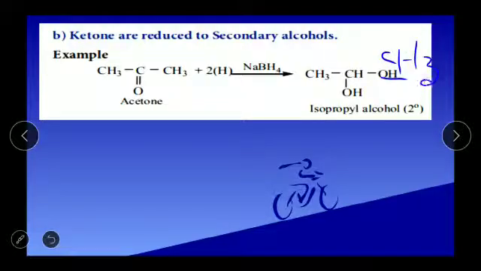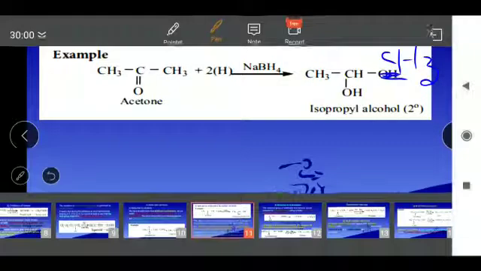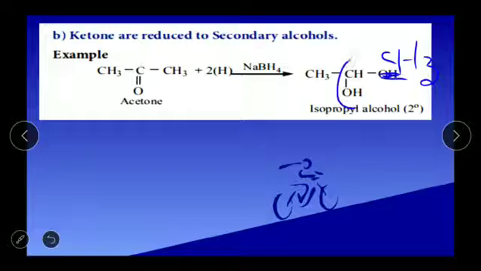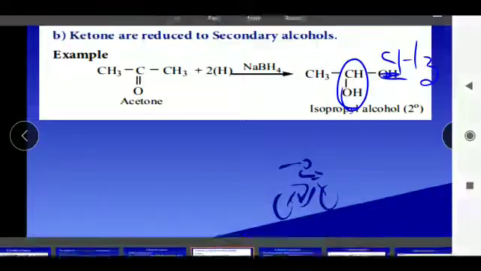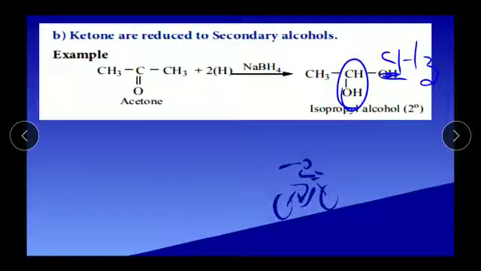The formula is CH3CHOHCH3. This CH group is attached with OH, so it is a secondary alcohol. If the OH is attached with CH2, that is a primary alcohol.